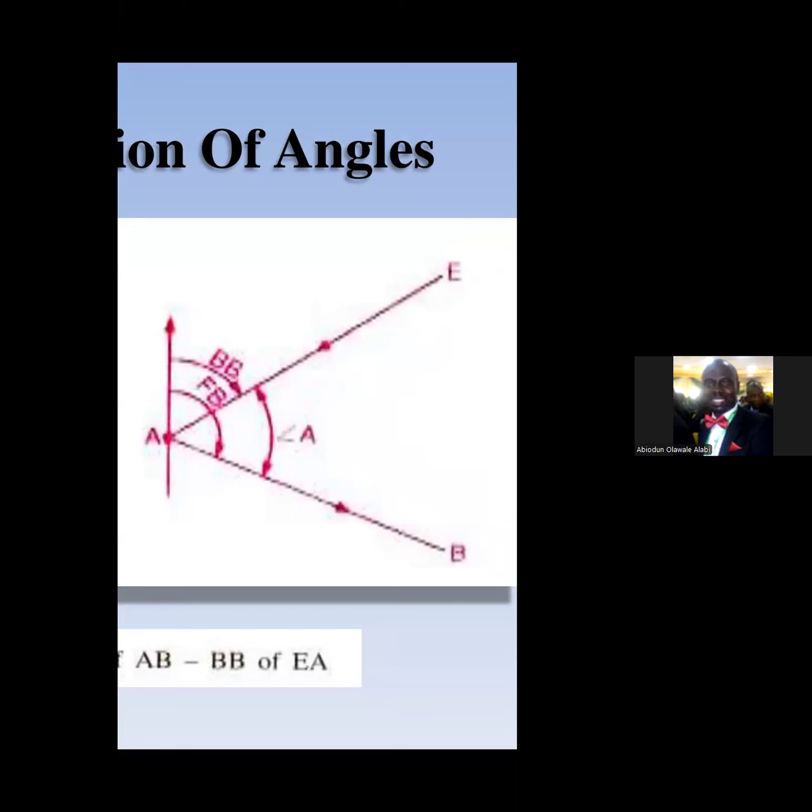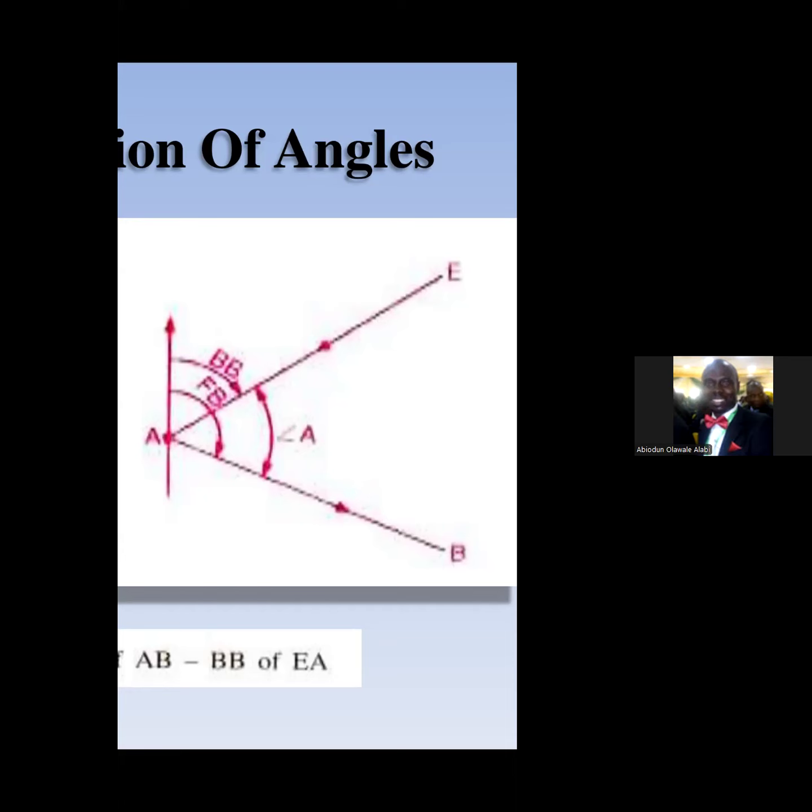As you can see, A to B, look at the direction of the arrow from where it starts to where it points, in the direction of line AB. So that is the forward bearing A to B.